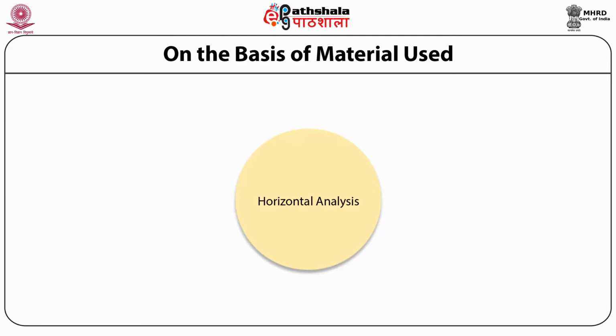The best examples of horizontal analysis are comparative financial statements and trend percentages, as it involves analysis of financial statements for a number of years.